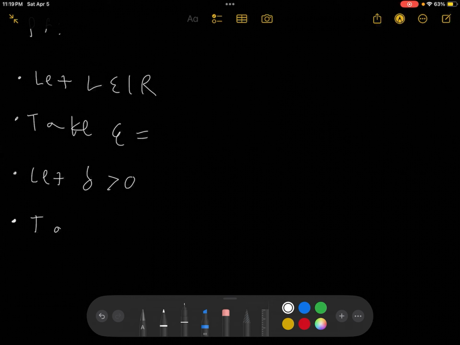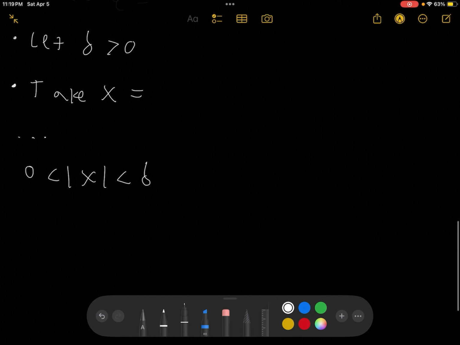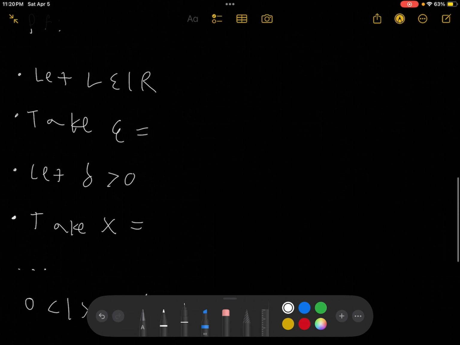Then we get to take an x value of our choice. And then we need to show that both the absolute value of x is less than delta and the distance between our function and L is greater than epsilon. So let's do some rough work to figure out what we should take for these two variables.